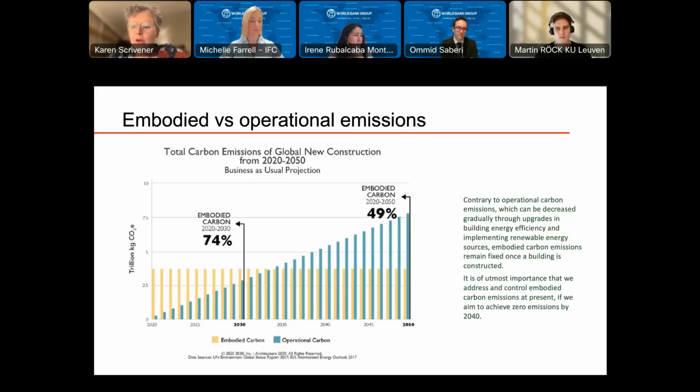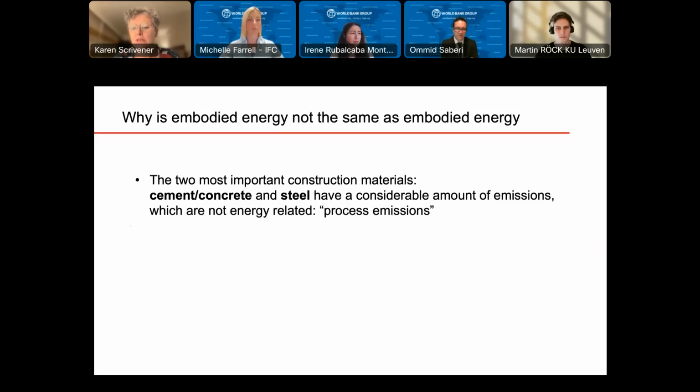And we know now that from the point of view of climate change, what is very important is to act fast. It's much more important, the emissions we're going to be emitting in the next decade than after 2050. So in this context, embodied CO2 becomes very important.